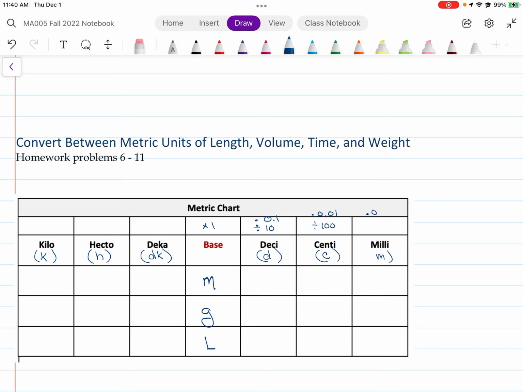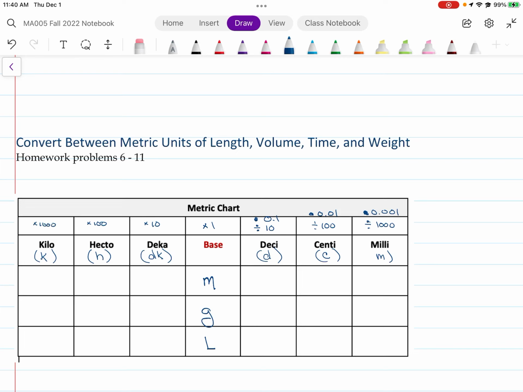And this one is times 0.001, or you can see it as divided by 1,000. This one is times 10. This one is times 100, and this one is times 1,000.